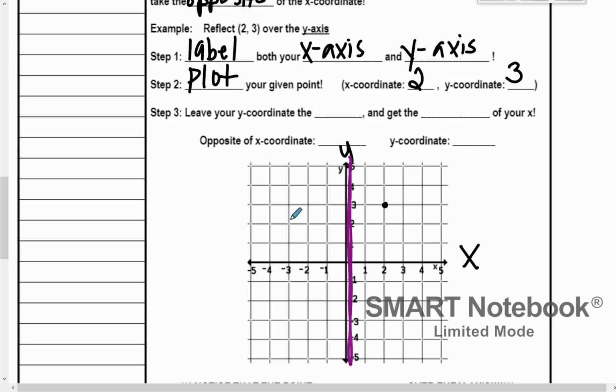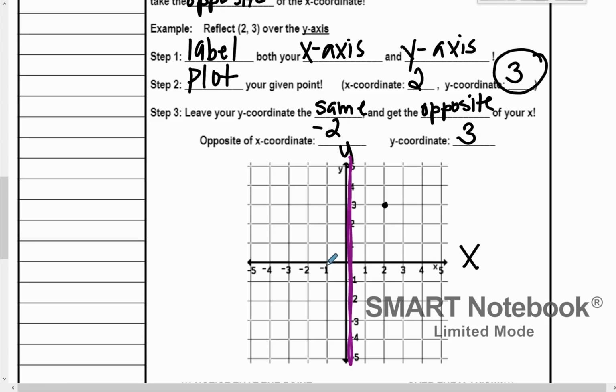So we leave our y coordinate the same. Our y coordinate is 3, so that stays the same. And we take the opposite of the x. The opposite of 2 gives us -2. Okay, so we now have (-2, 3).